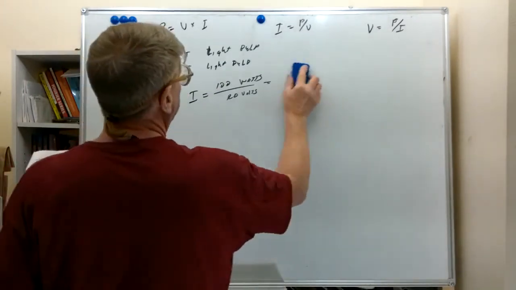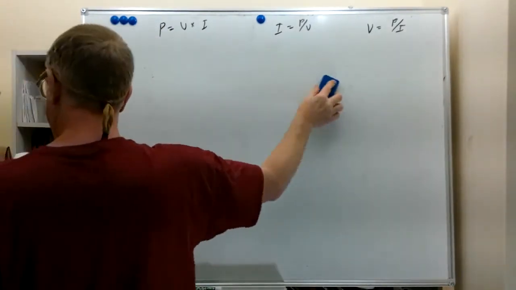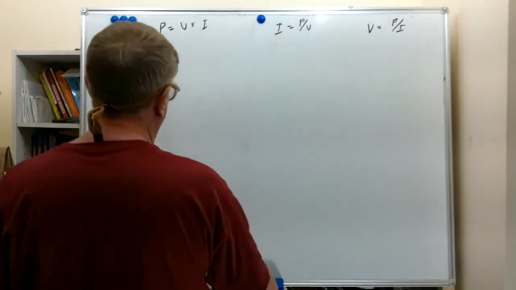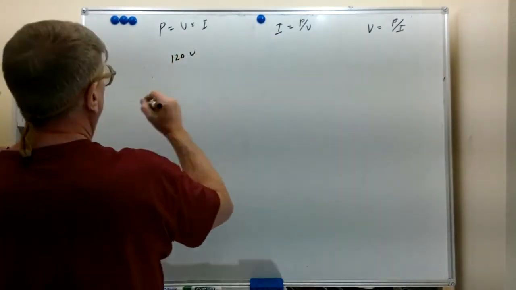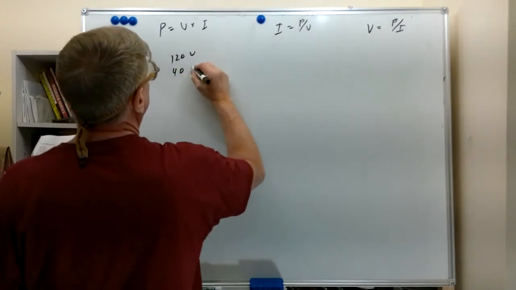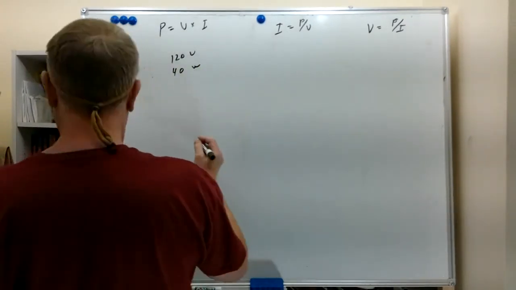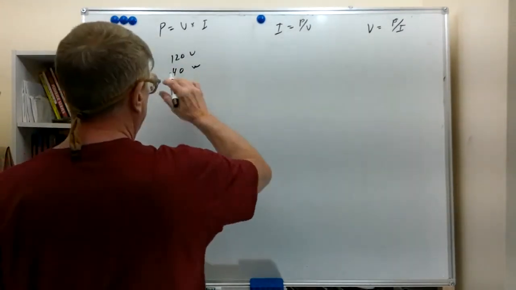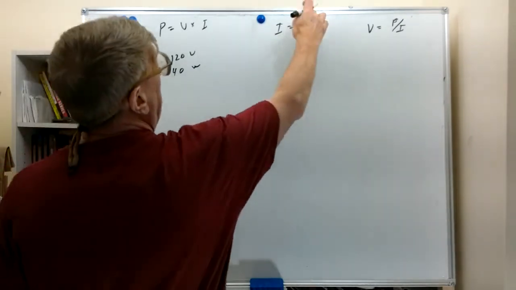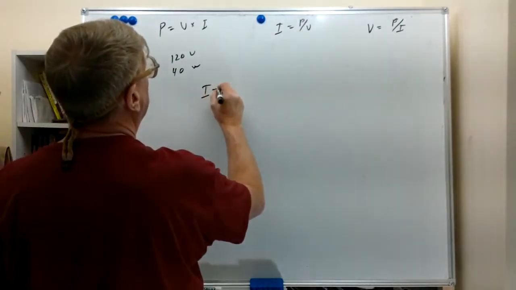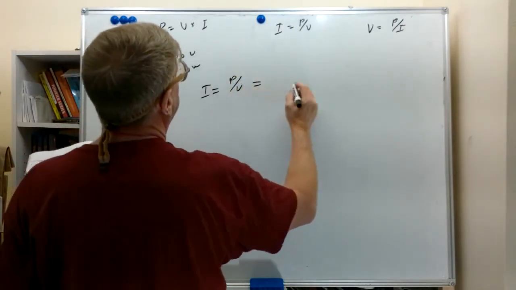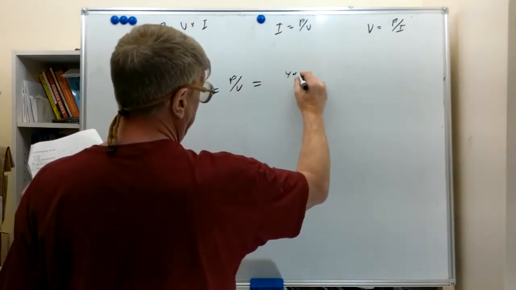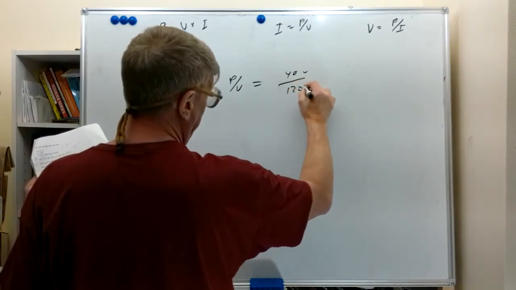I'm going to do another example with another size of light bulb. Again, it's a 120 volt light bulb, and it's a 40 watt light bulb. So again, we want to find the current. Current equals power divided by voltage. So that equals 40 watts divided by 120 volts.